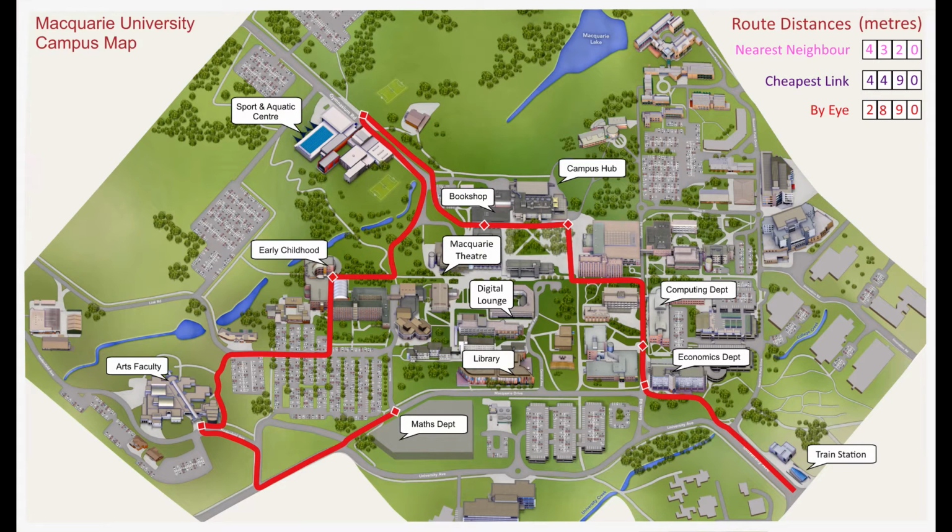Next is Macquarie Lecture Theatre, the Digital Lounge, and the library. From there, it's back to the train station. In all, his by-eye route is 4,100 meters, much shorter than either the nearest neighbour or cheapest link. It's the clear winner and the route he decides to use.